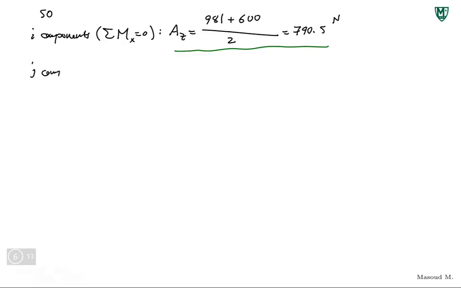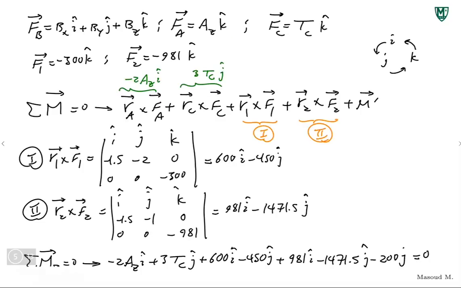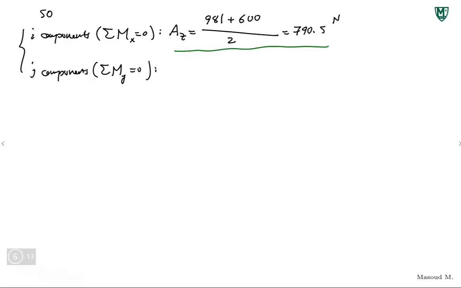J components, summation of moments in y direction is equal to 0, pretty much. That's what we're trying to say. We have 3TC, minus 450 can go to the other side, 1471.5 and 200. They all go to the other side and we can sum them up. So TC becomes 450 plus 981.